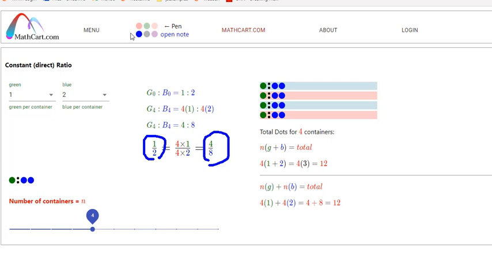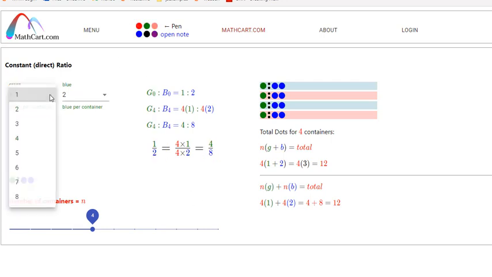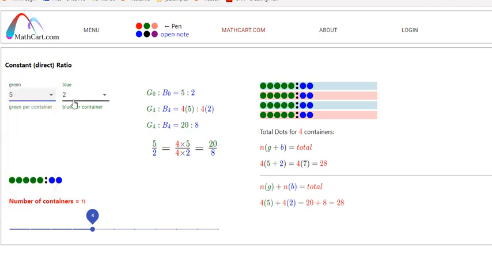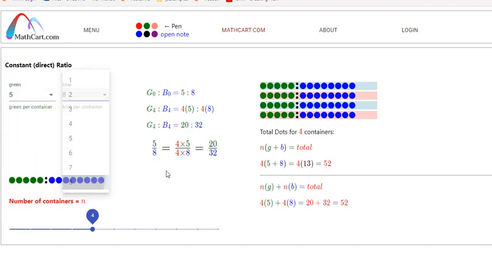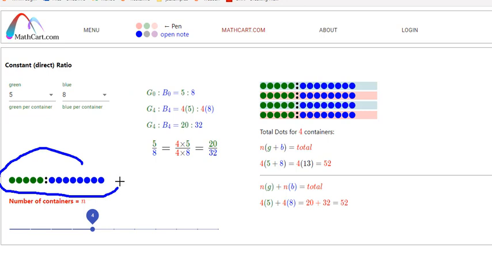Okay? So if I have here, let's do 5 green and let's do 8 blue. In this one set right here, how many greens do I have and how many blues do I have?